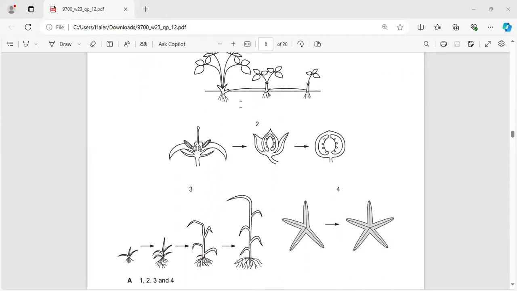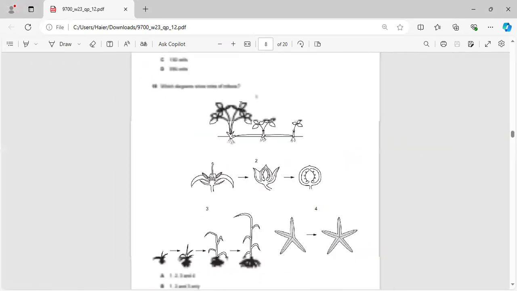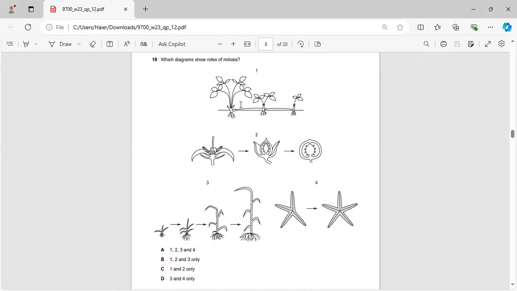Next question is question number 4. Which diagram shows roles of mitosis? You can say asexual reproduction, sexual reproduction, growth and regeneration.